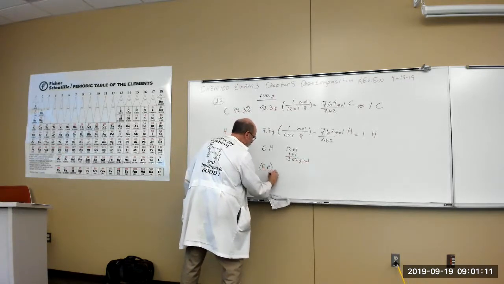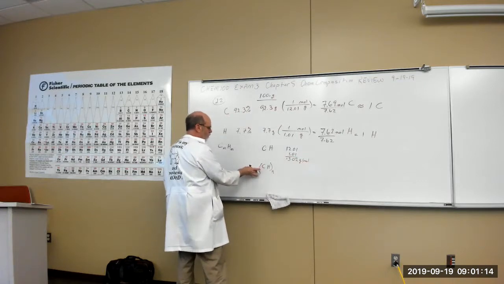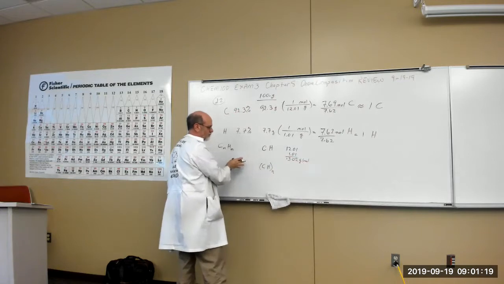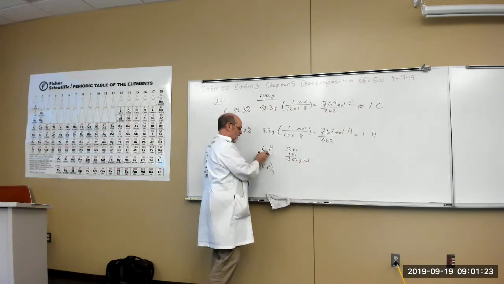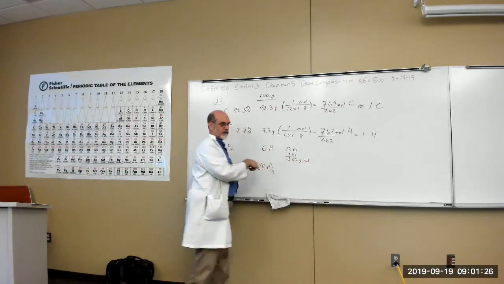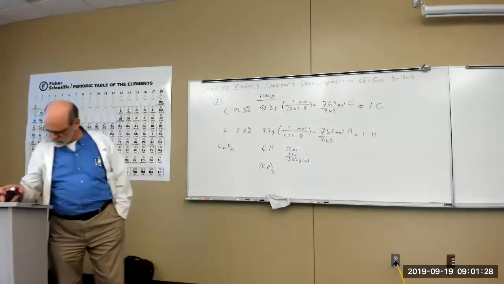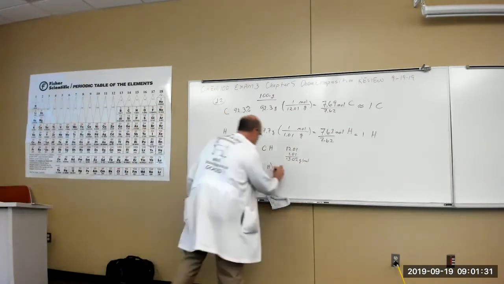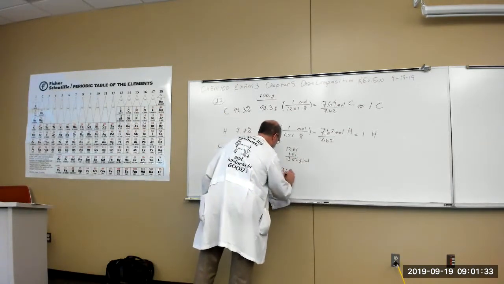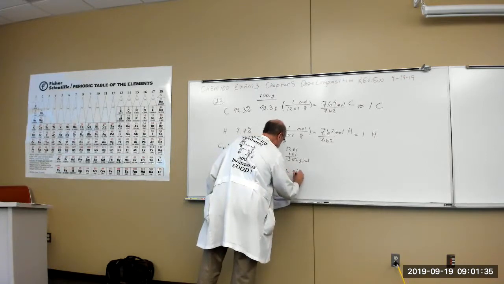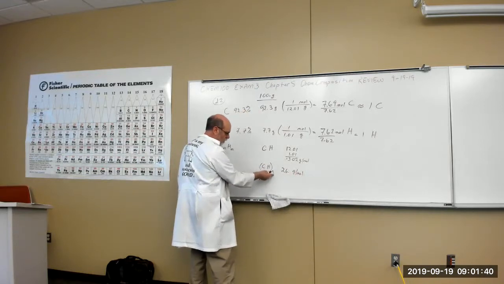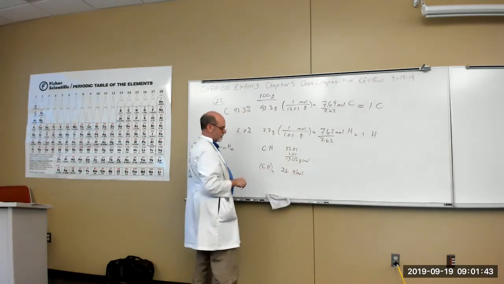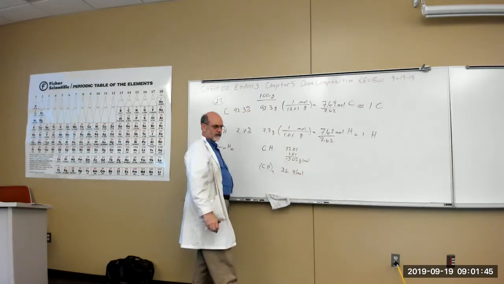We need, what's the ratio of the true formula to the empirical formula, the molecular formula to the empirical formula? The ratio would then be mass of this one to mass of that one. And we're given the mass of this one, aren't we? 26. So that one is 26 grams per mole. So just ratio this one to that one and you'll find out what that multiplier is. And you can do that in your head. That's 2.